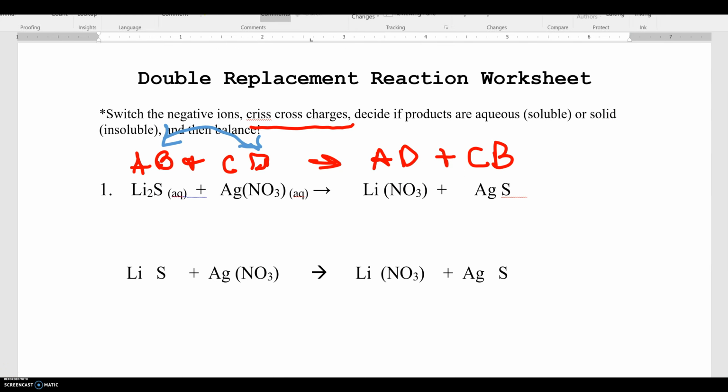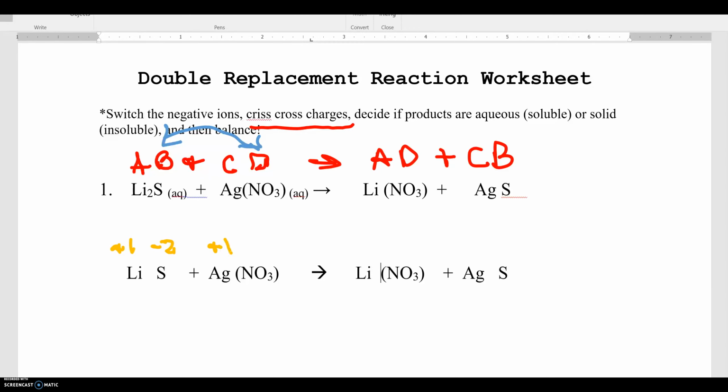So if we go back to the equation that we were talking about, we can remember that lithium here was in the first group, column 1, and so that is going to have a charge of +1, and sulfur is in group 16, and so it's going to have a charge of -2, and silver is +1.